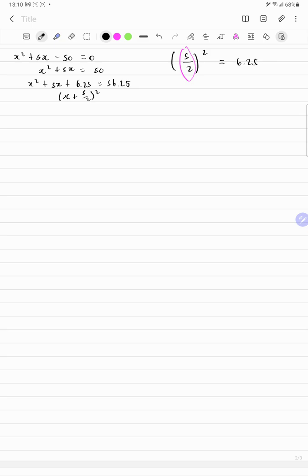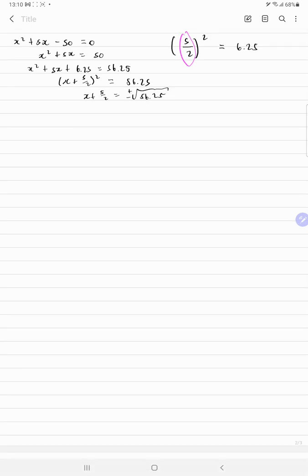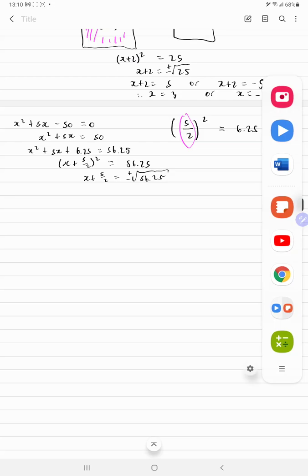Okay, so x plus 5 over 2 squared is equal to 56.25. Therefore, x plus 5 over 2 is equal to plus or minus the square root of 56.25. Let me just get my calculator to help me solve that.